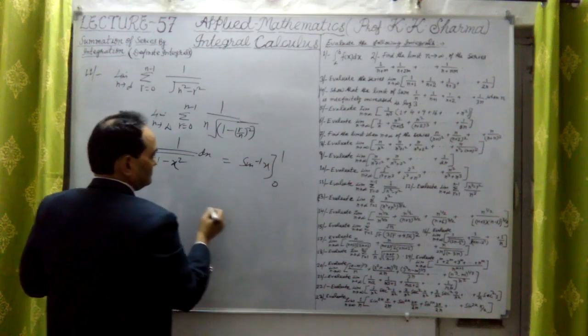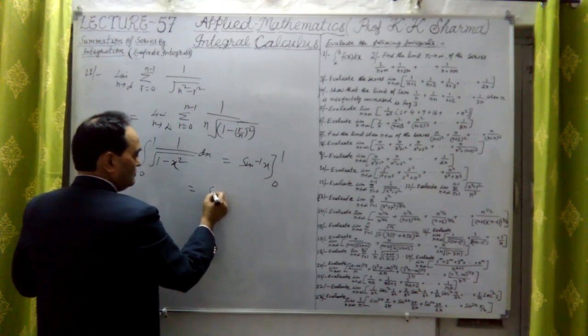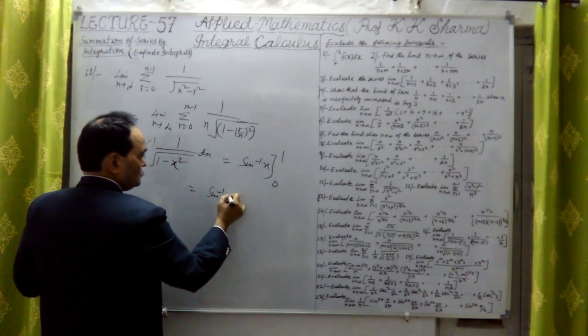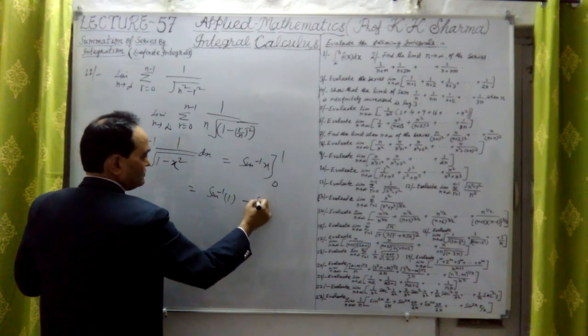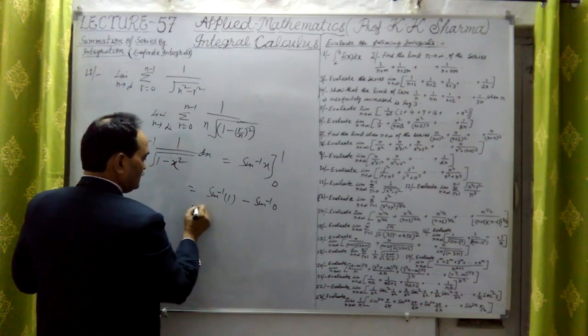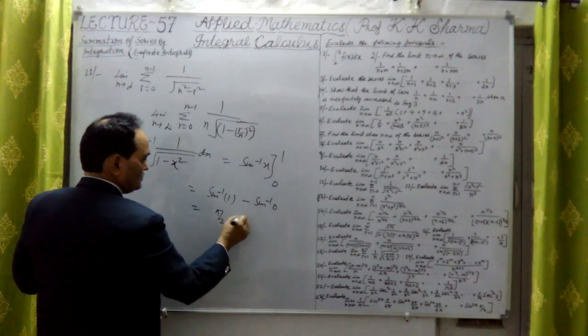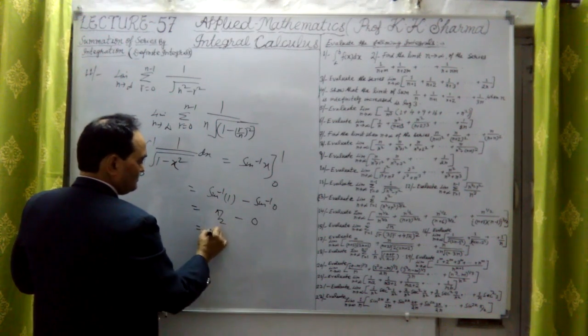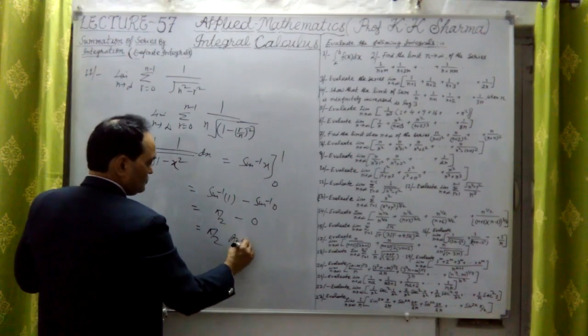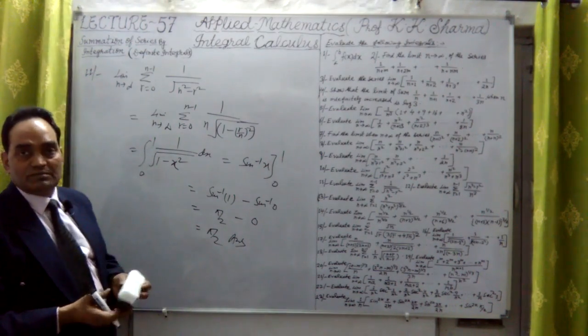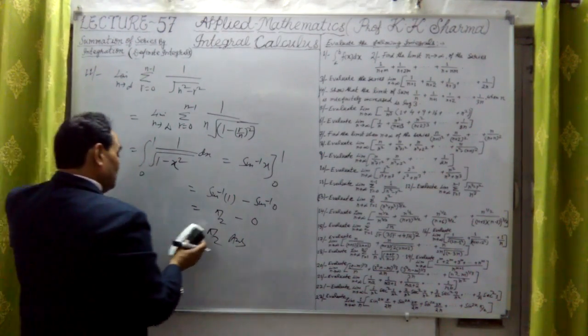Putting the limits 0 to 1, sine inverse 1 minus sine inverse 0. Sine inverse 1 is pi by 2, and sine inverse 0 is 0, so the answer is pi by 2. So question number 11 we have done. This answer is pi by 2.